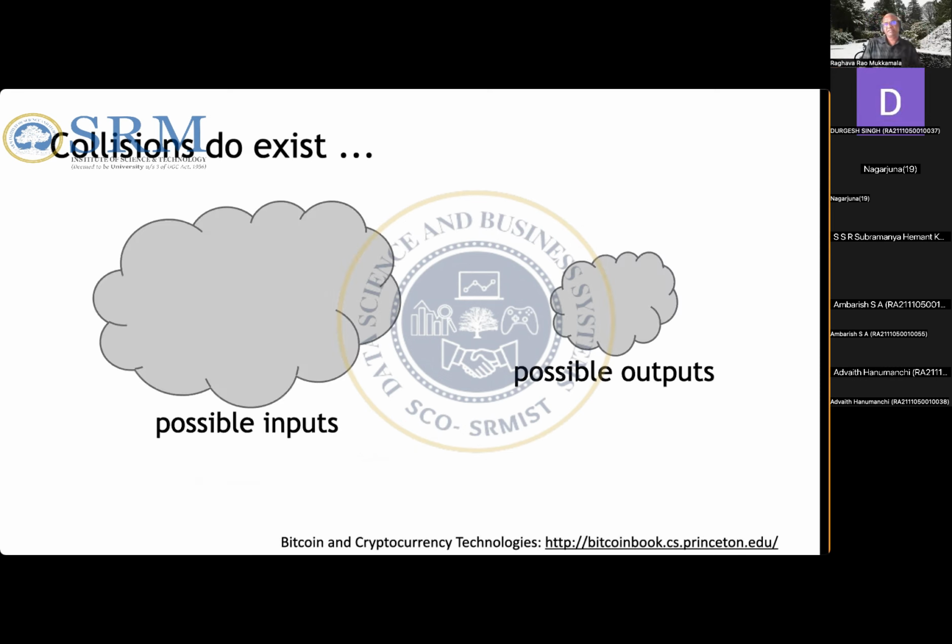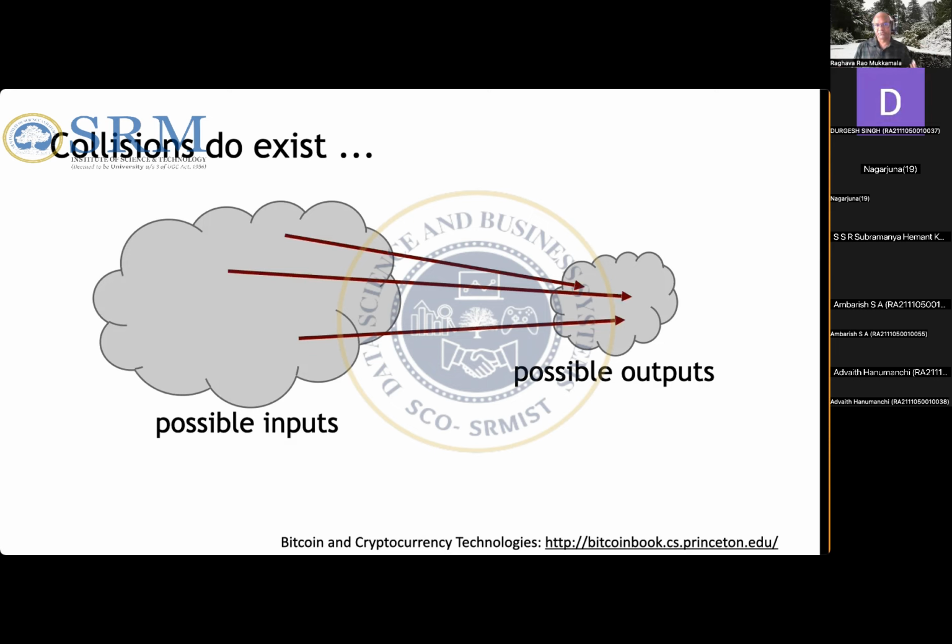But again, let's imagine what hashing is. On the left-hand side, I have all the possible inputs. Remember, a hash function takes arbitrary input, so you can pass pretty much any amount of data. It could be 2 bytes of data, it could be 2 terabytes of data, or it could be 1 megabyte of data. So all the possible inputs in the universe could be the input for the hash function.